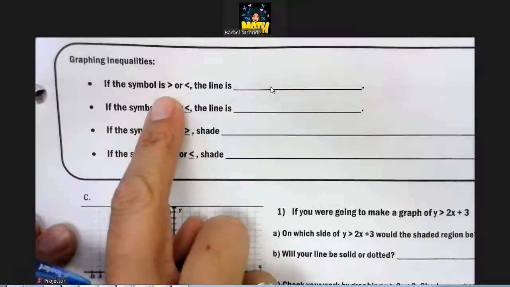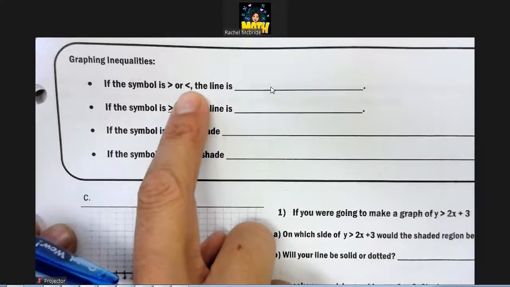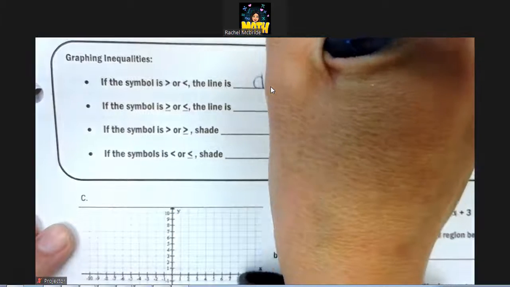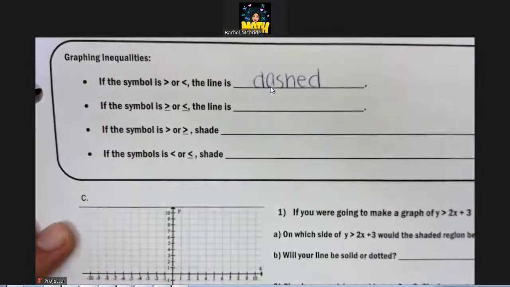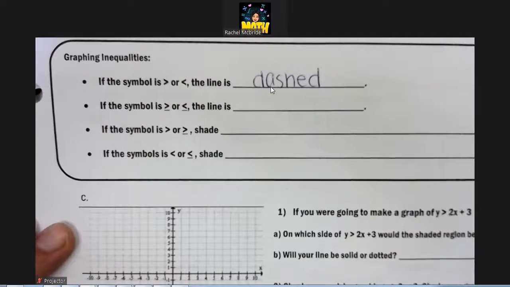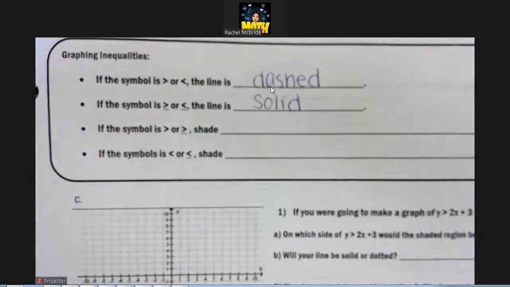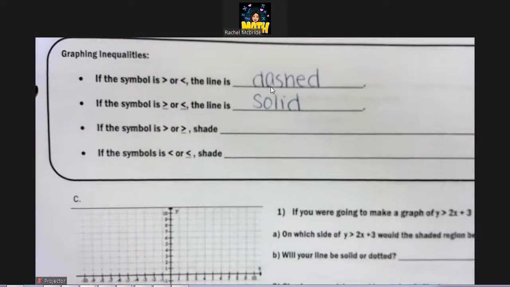Alright, if the symbol is greater than or less than, the line is dashed. If the symbol is greater than or equal to or less than or equal to, the line is solid. So the equal to makes the line solid because that makes the points on the line part of the solution.